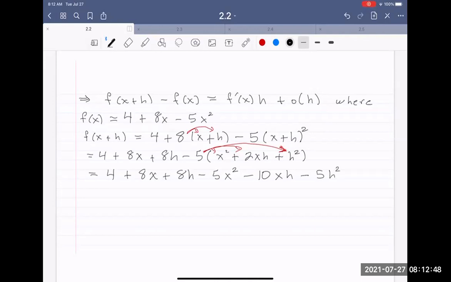Okay, now let me look at f of x plus h minus f of x.